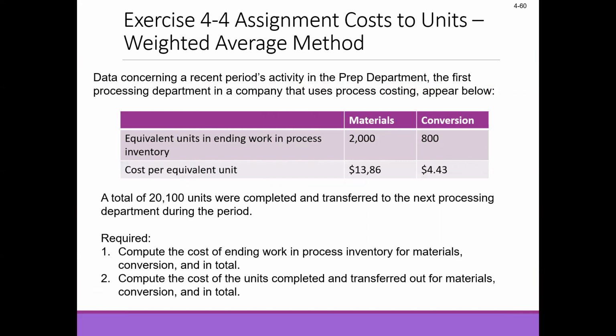It gives us our cost per equivalent unit, $13.86 and $4.43. A total of 20,100 units were completed and transferred to the next processing department during the period.